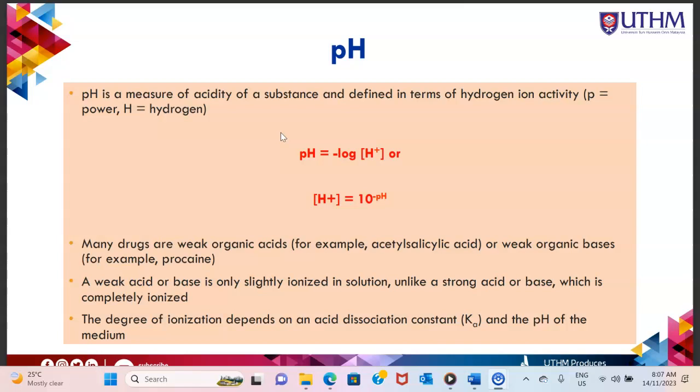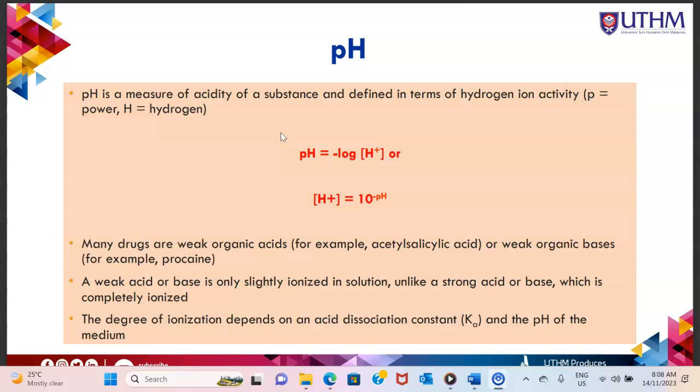So it's significant because if we understand the pH and pKa of a drug, we can design formulations that optimize its solubility and stability. For example, knowledge of pKa will later on aid in predicting the ionization behavior of weak acids or bases in different physiological conditions.